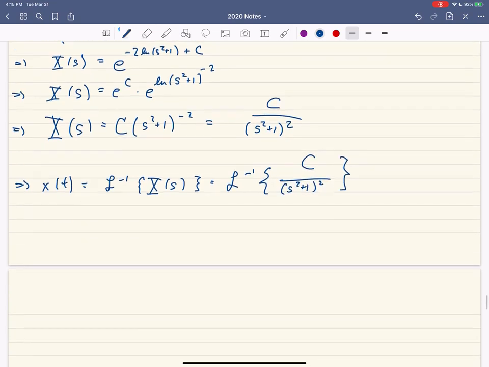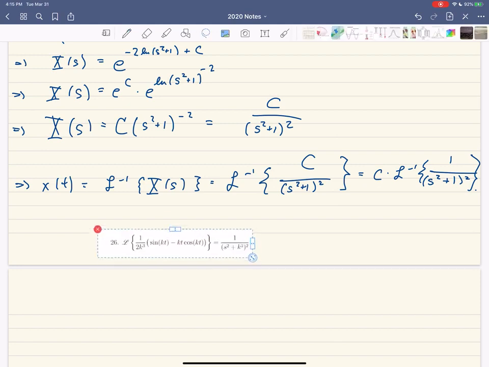And now we need to think about what's the inverse Laplace transform of this function. What we can do is bring the c out. So this is c times the inverse Laplace transform of 1 over s squared plus 1 quantity squared. This looks a lot like, so this is rule 26, right? 1 over s squared plus k squared squared. It's just that our k is 1.